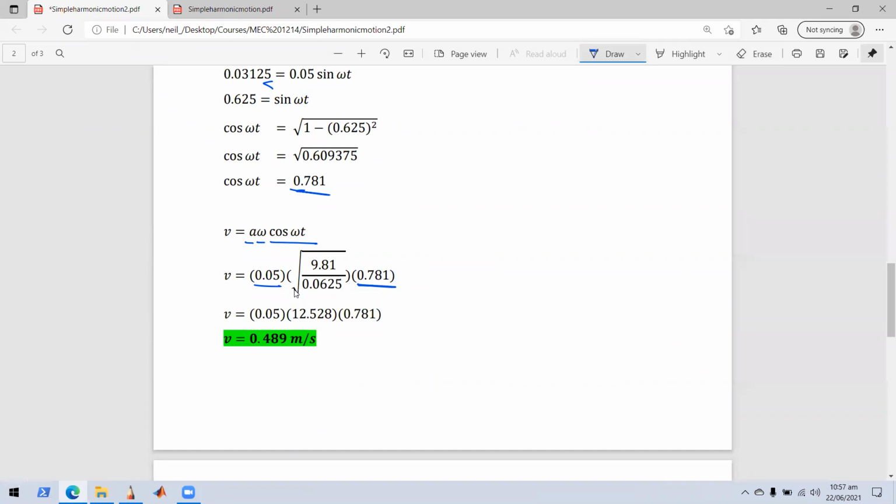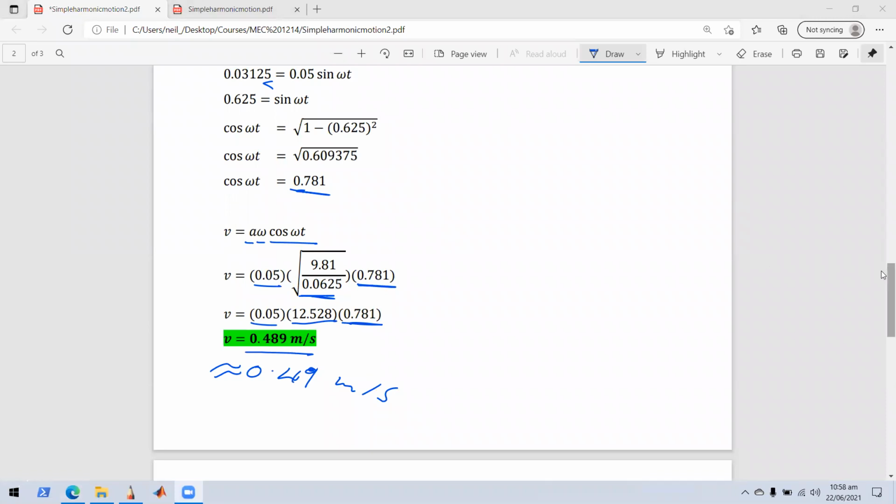So v is equal to 0.05 times 12.528 times 0.781, and all of that is equal to 0.489, or 0.49 meters per second. Any questions so far?